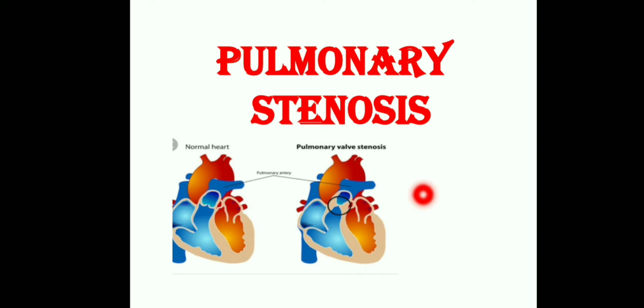First we will learn about the parts of the heart. This is the right atrium, this is the left atrium, this is the right ventricle, this is the left ventricle. From the right ventricle, the pulmonary artery arises, and the branches divide from the pulmonary artery. Pulmonary stenosis means narrowing of the pulmonary artery.